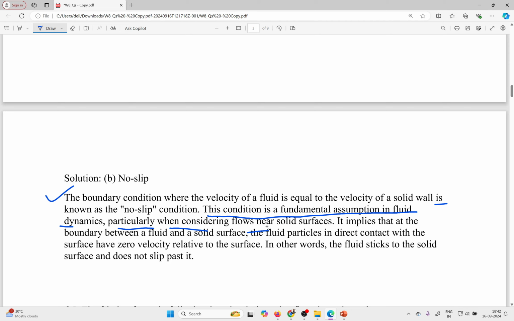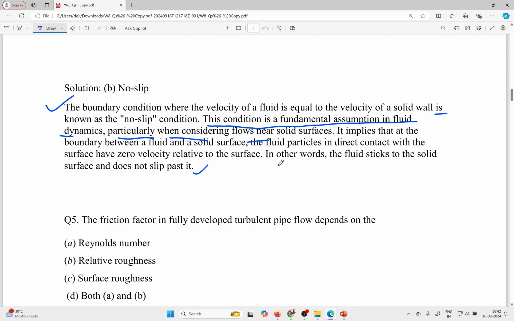It implies that at the boundary between a fluid and a solid surface, the fluid particles in direct contact with the surface have zero velocity relative to the surface. In other words, the fluid sticks to the solid surface and does not slip past it. So hope you got it. Now moving ahead with the next question.